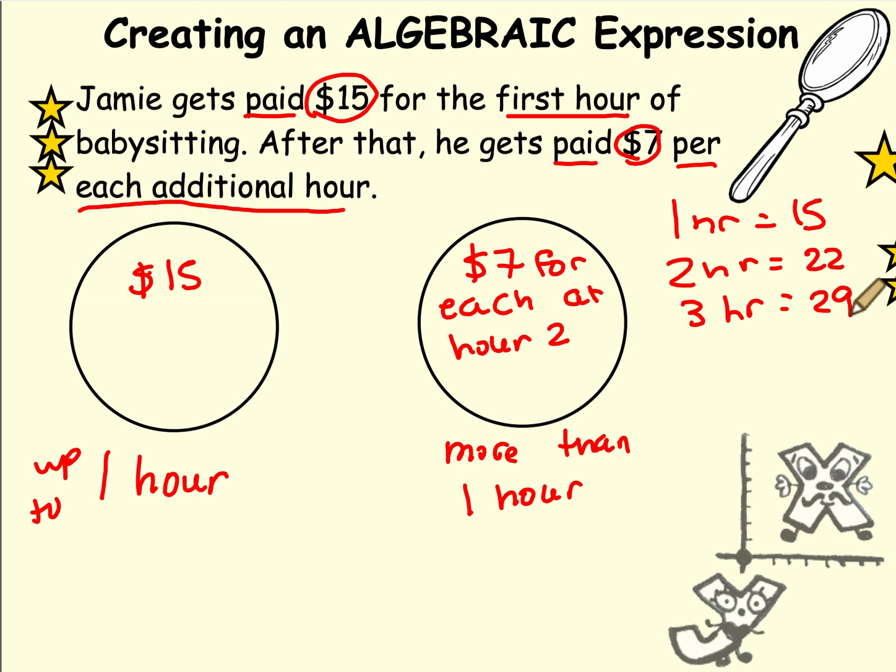Okay, but we're trying to build an algebraic expression. So how can we figure this out? We know that what's changing is the number of hours that he worked. So that's our variable. We're going to let H equal the hours worked.